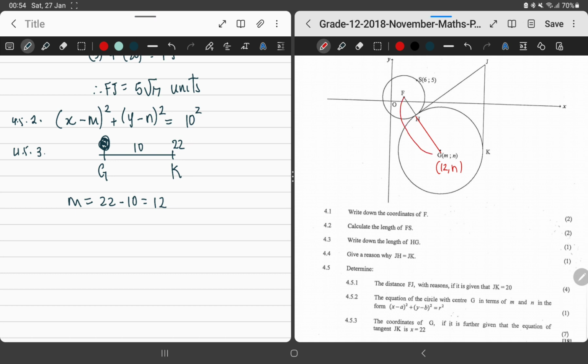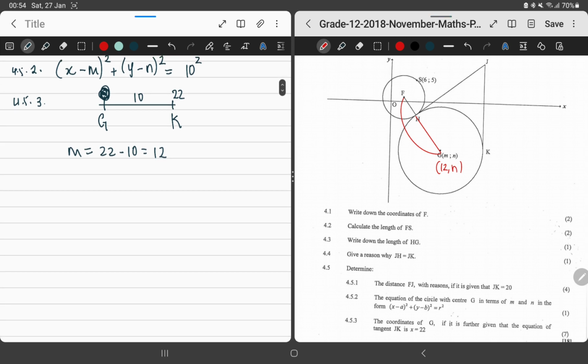I have this whole length because I know that FH is 5 and HG is 10, and I have only one unknown value. So I will use the distance formula. FG is equal to the square root of (x of G minus x of F) squared plus (y of G minus y of F) squared.